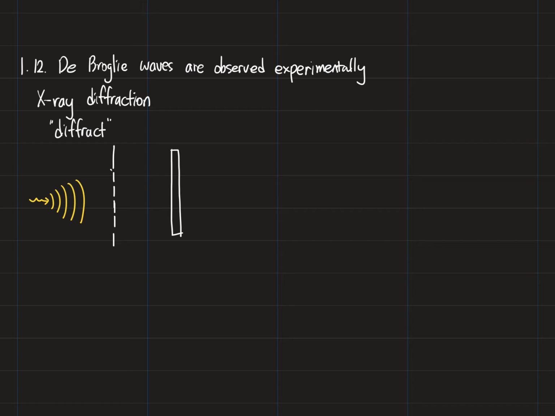So what happens if the light behaves only like a particle?